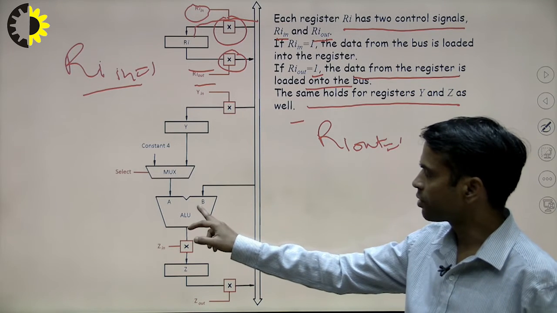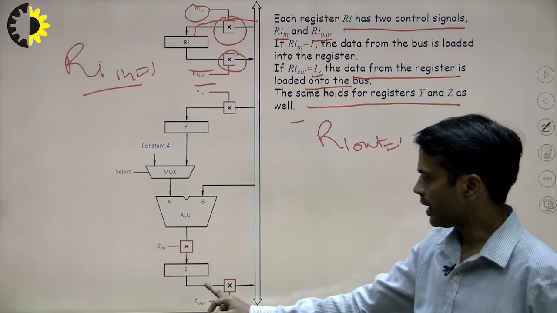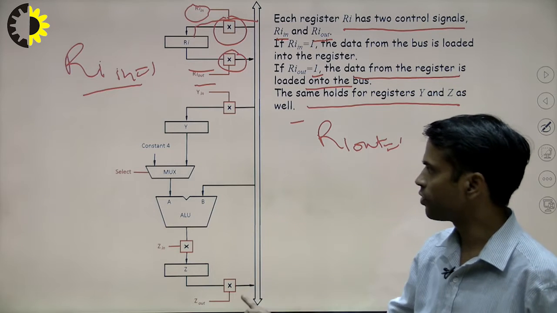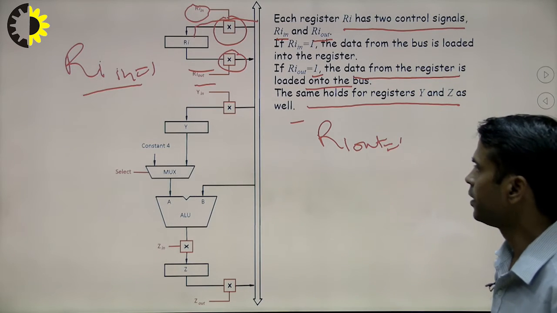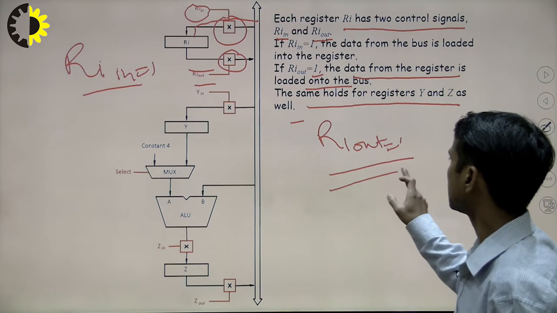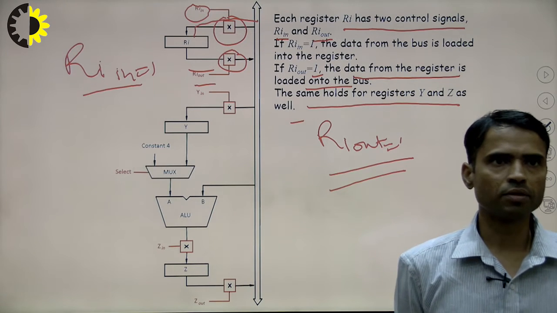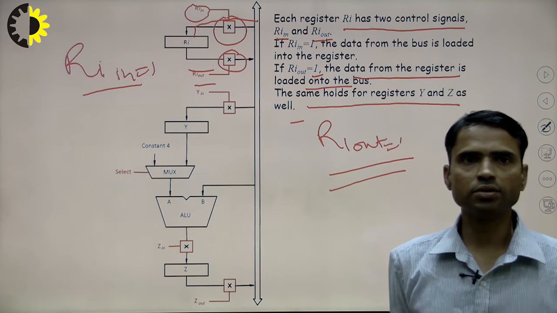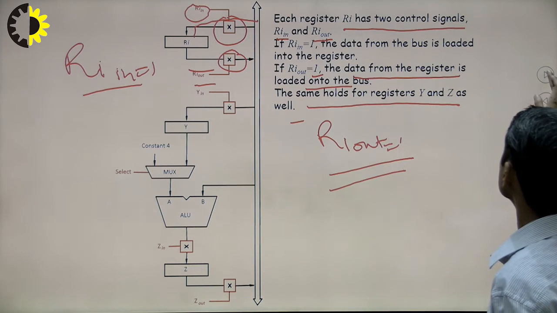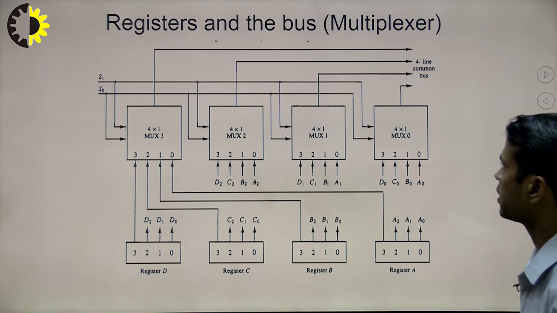So, when data has to come from ALU to Z register, then Z in will be opened, and when data is to be sent from Z to bus, then Z out will be opened. So, we can see here that this control signal helps in transferring data from a particular register to other units through the bus. So, let us proceed and see further how this control is implemented.